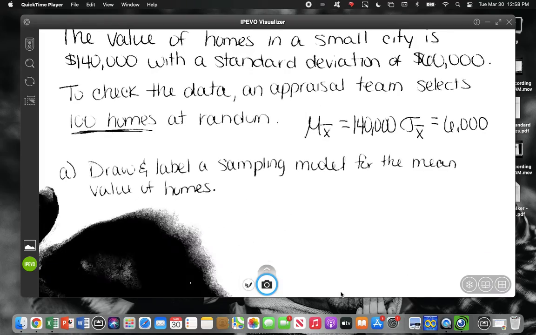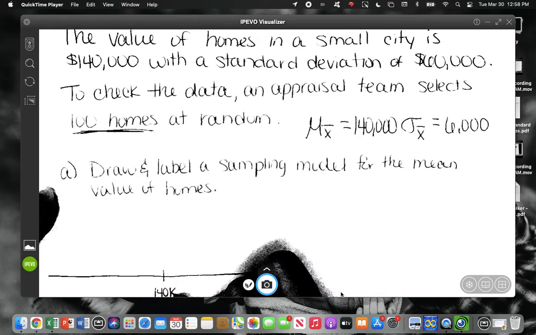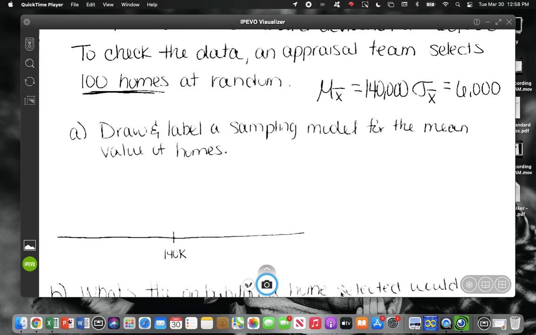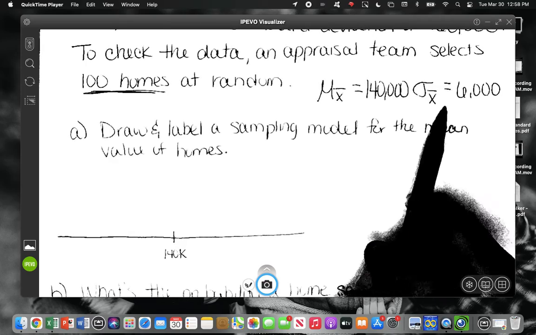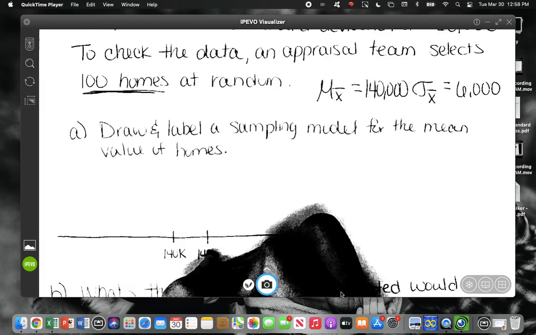So when you do your curve, 140, and I'm just going to put Ks because I don't want to write all my zeros. You can do this as well. If I'm adding each time the standard deviation of my sample size, which is 6,000, what's going to be my first when I add? Yep, that's going to be 146,000.